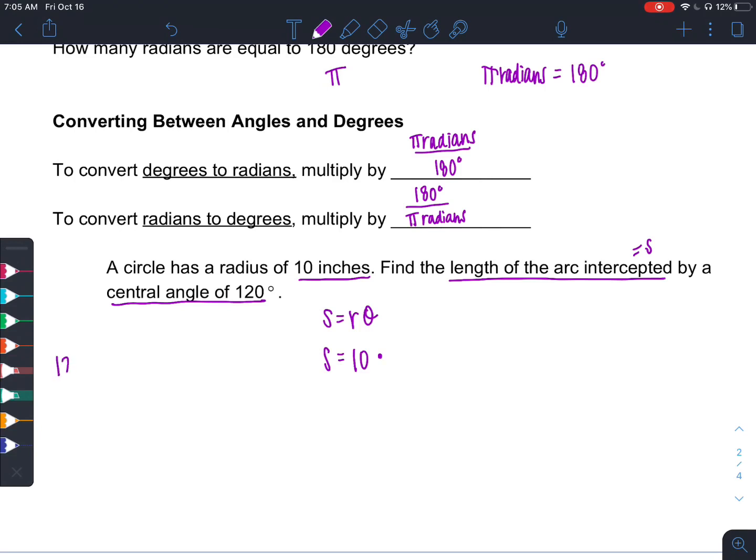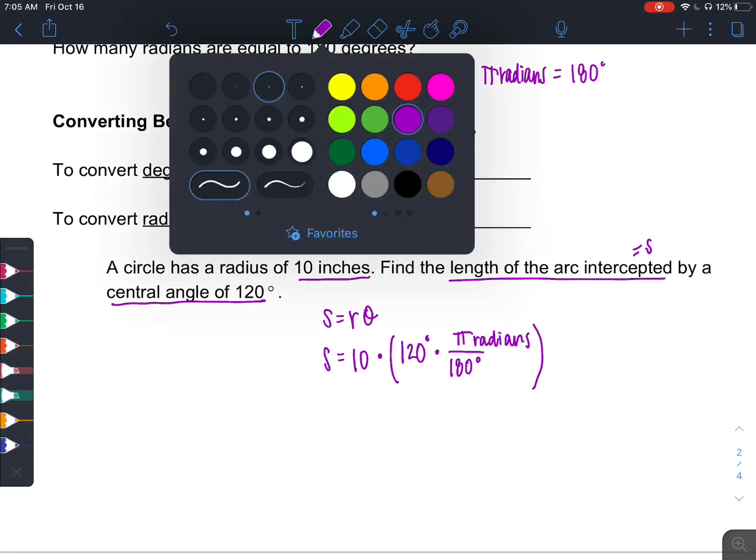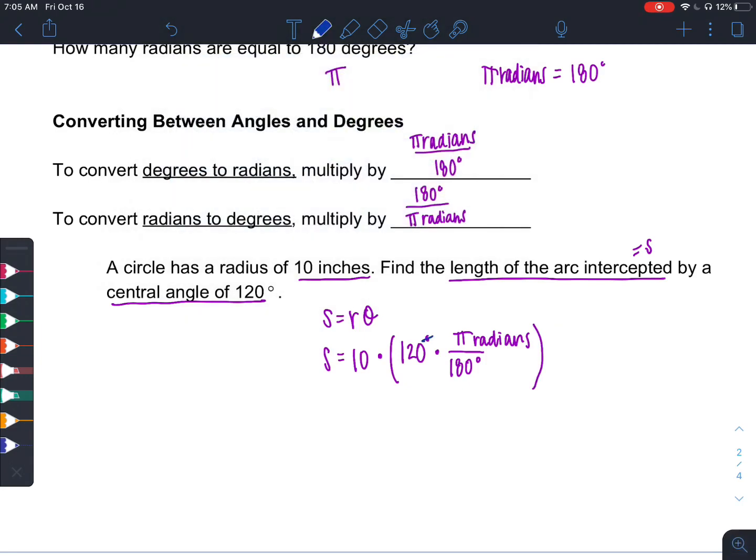So we have 120 times, well, actually, let's just write this over here. So we have 120 times pi over 180, and this is degrees and radians. So we multiply this out, my degrees are going to cancel, these 10s are going to cancel, so then let's simplify a little bit.